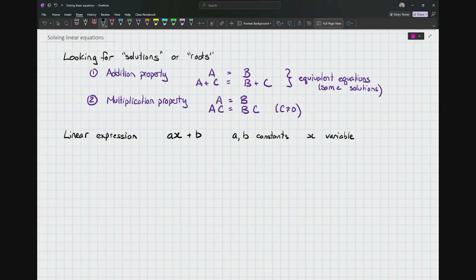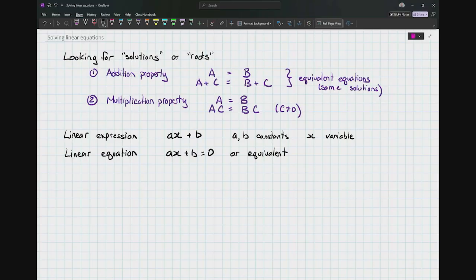A linear equation, on the other hand, of course, needs a little bit more. An equation has an equal sign. A linear equation is any equation equivalent to ax plus b equals 0. It's important to note that a linear equation in x can take on many different forms, but it should always be equivalent to something of the form ax plus b equals 0.